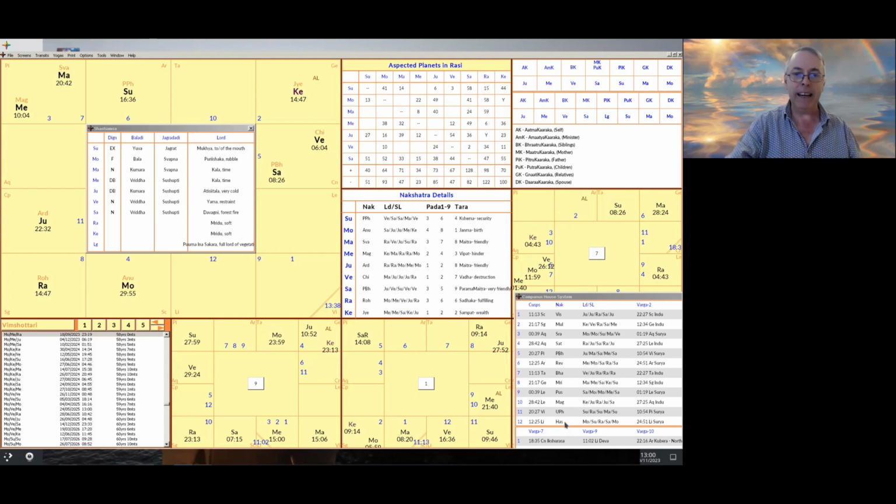So I begin my analysis by looking at Hasta Nakshatra and the planet that rules it, which is the Moon. I take a look at the Moon in the D60 chart, how well off it is. In addition to that, I include something called the Shastyamsha deity for that particular planet, which in this instance is Purishika.